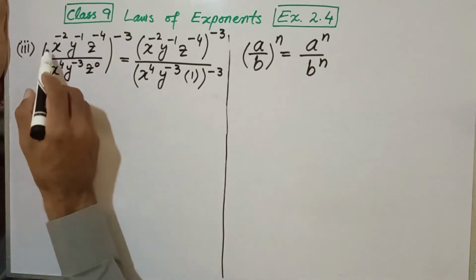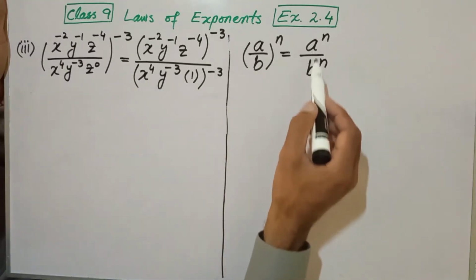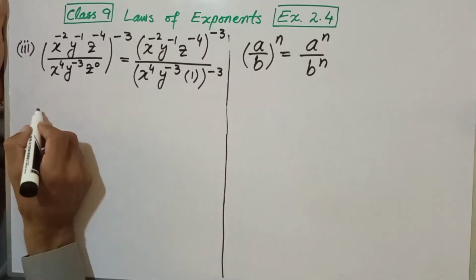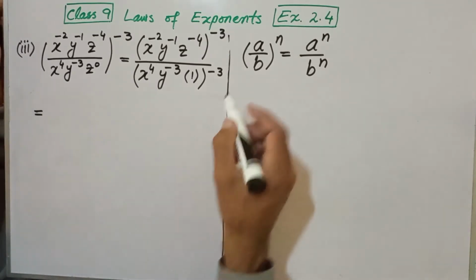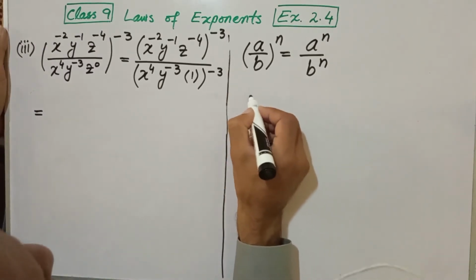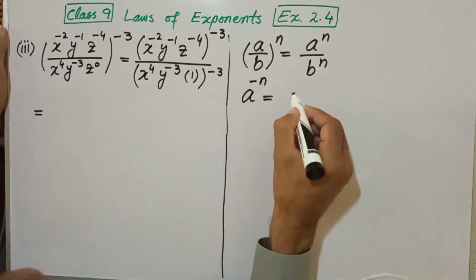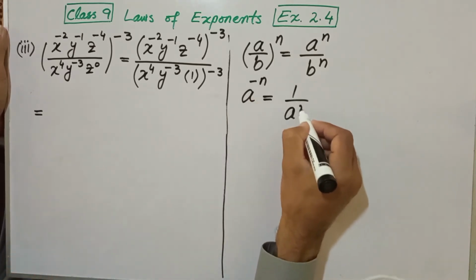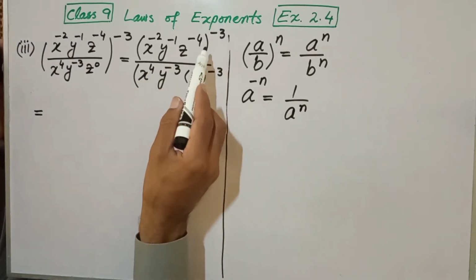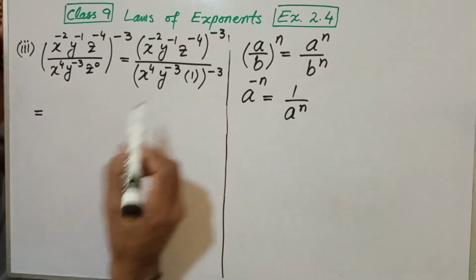For example, this expression is our a, this expression is our b, so that is a power n divided by b power n. Next we use another property: when the power is negative, a power minus n is equal to 1 over a power n. So this will become positive in the denominator, and this will go to the numerator, and the power will become positive.